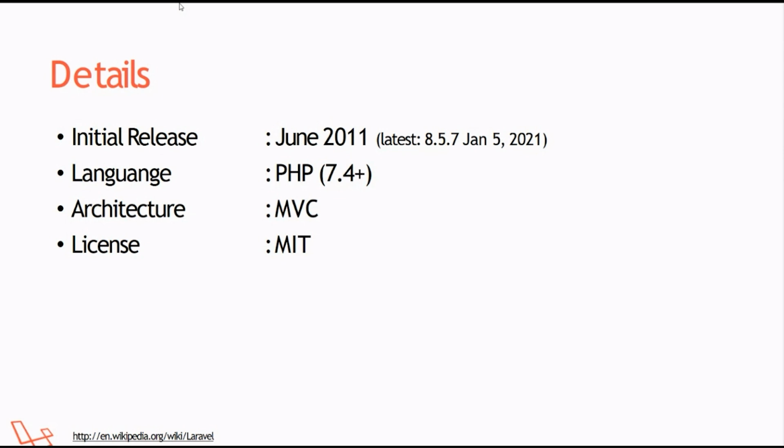Similarly, the latest version that we have is Laravel 8, which uses Docker, and we have to install this framework on our machine. What I recommend is that you install Ubuntu on your machine.